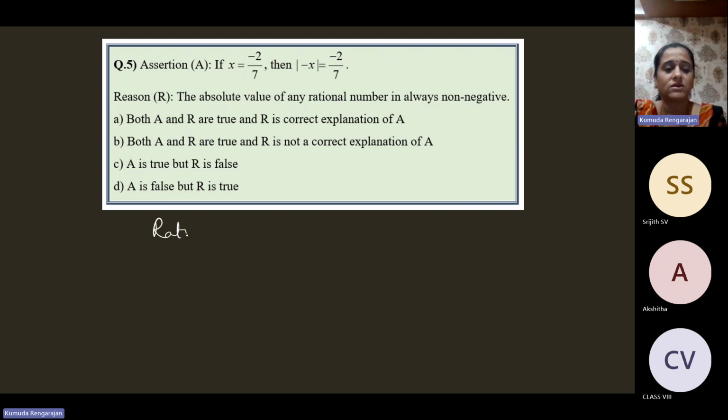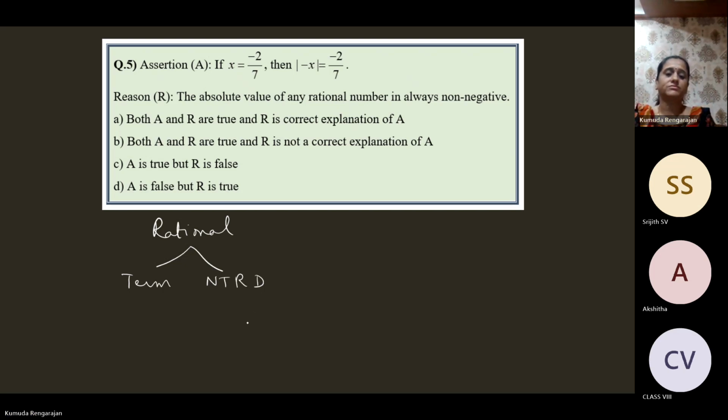If a number is a rational number, then it can have two types of decimal expansions. Either it will be a terminating decimal or a non-terminating but repeating decimal. A rational number is a number of the form P by Q, P divided by Q, meaning division.